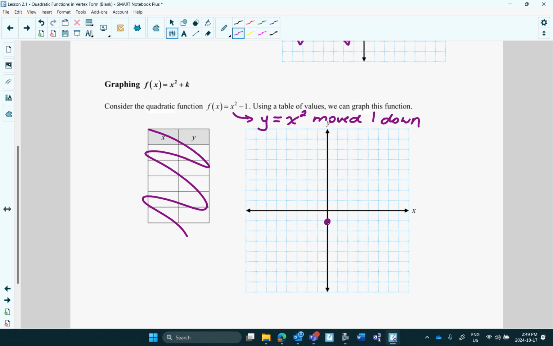And you guys know how to get the remaining 4 points. One across, how many up? One across, one up. Two across, four up. And that's x squared minus 1.